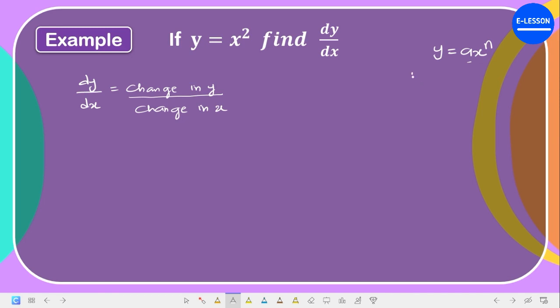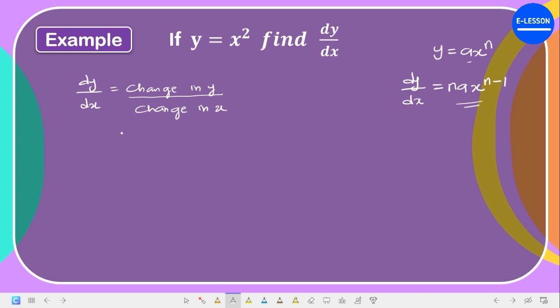We can say that dy/dx, that is, differentiate y with respect to the variable x, will be equal to: use this n to multiply a, and this gives us na, then x^(n-1). So whenever you are given anything like this, you follow this approach. Use the power to multiply the coefficient of x and then subtract 1 from the power.